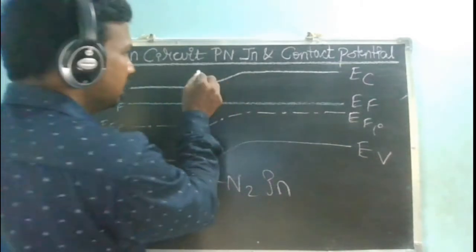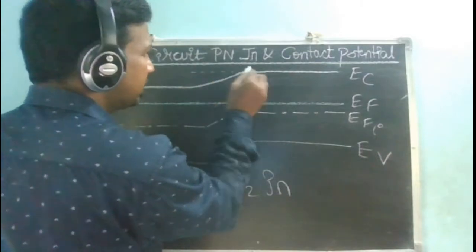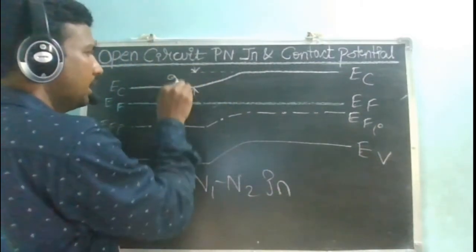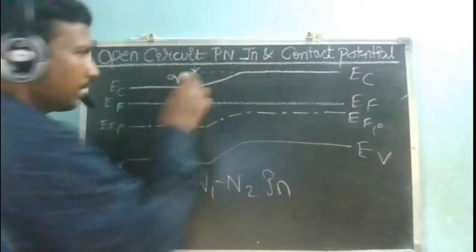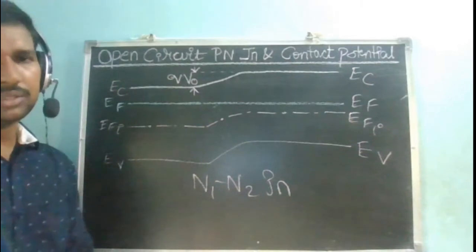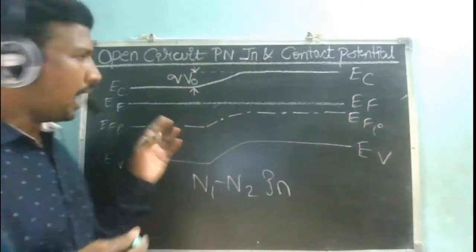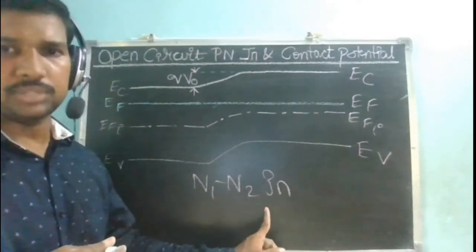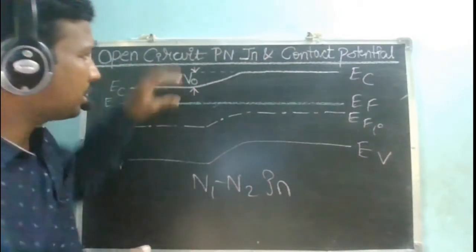One thing is, there is a contact potential that has got developed. That contact potential is Q times V naught. See, from where to where I am asking you, your electrons have to move. I am asking you why your electrons in the N1 are not moving on to the N2 side? Why are they not able to move? Because there is a height.